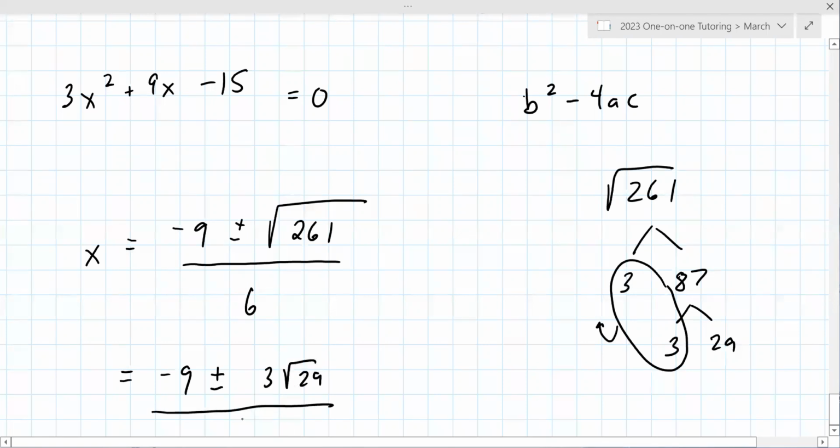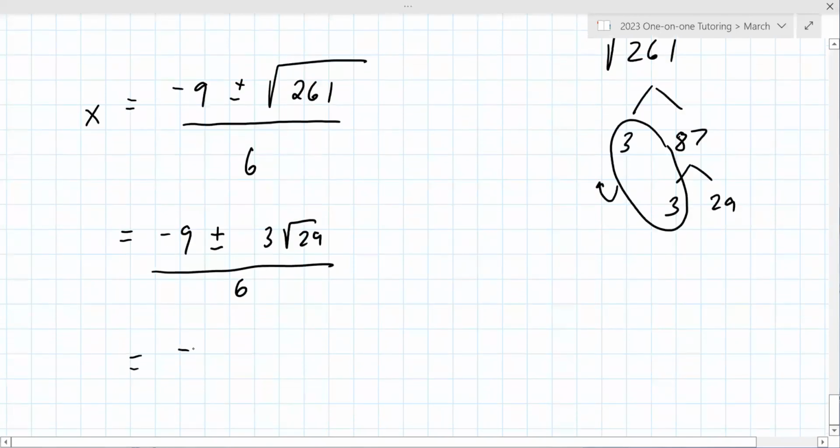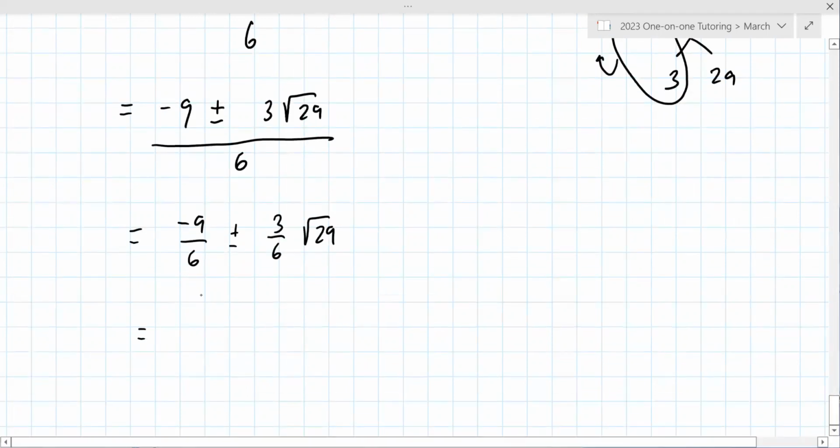All over 6. And just like the last problem, you have to divide each of these by 6. All right, so what that means for you is you're going to have to reduce these fractions as best you can.